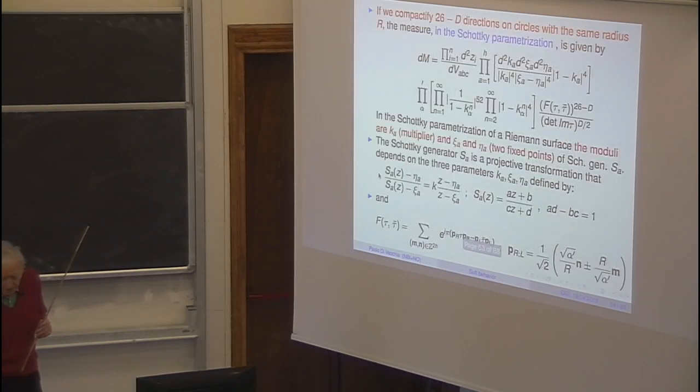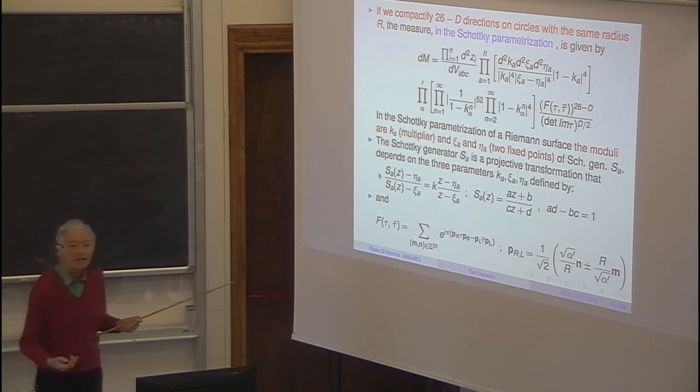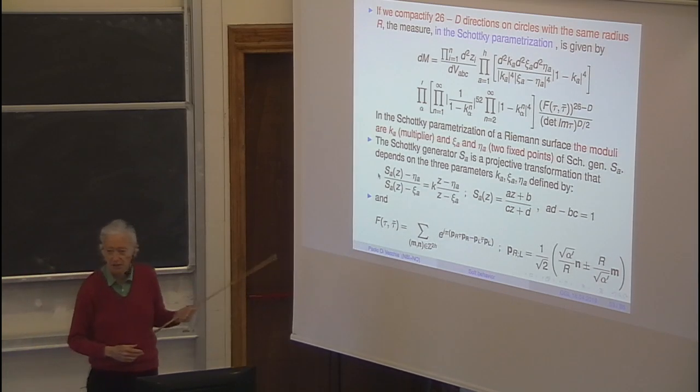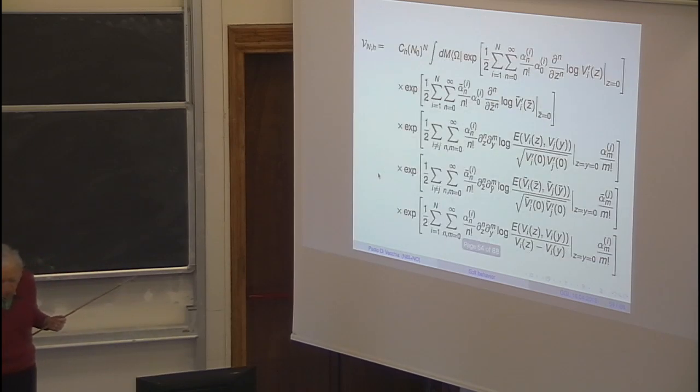And maybe also to make a connection with what people have been discussing in string field theory, and also the discussion on ambitwistor strings, where people seem to be using a formalism which is pretty much the same as what people have been using in string theory. Let me say a few more words.